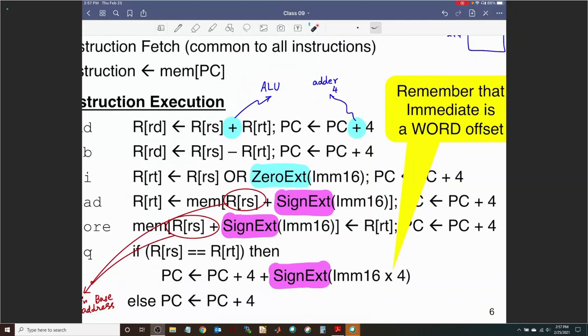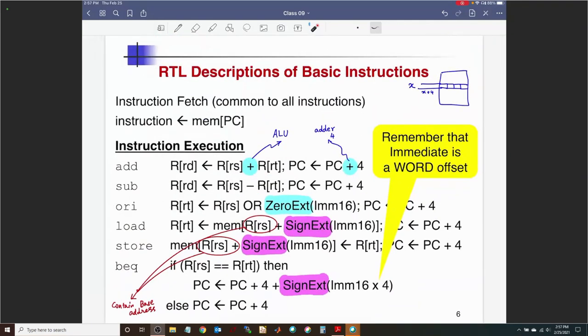Let's see. For branch when equal, what do you have? You have first a condition. You are going to compare the contents between RS and RT. And if they are equal, then you do PC plus 4 plus a sign extended value. But the problem is PC plus 4 was coming out of this address. We need some sort of multiplexer to either do PC plus 4 or do PC plus 4 plus the sign extended value.